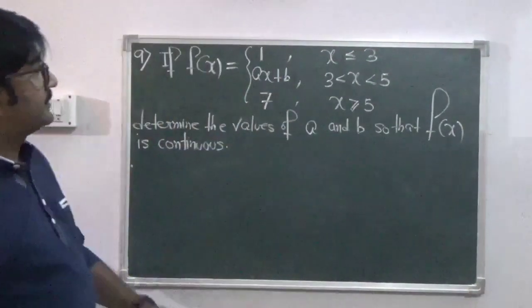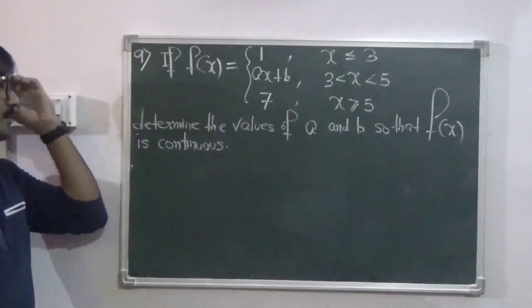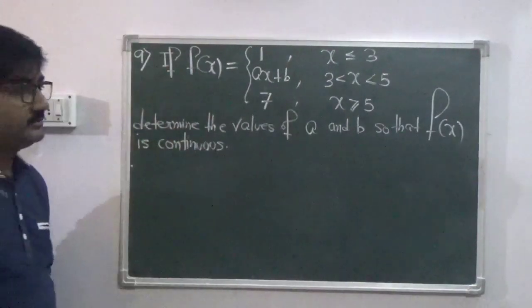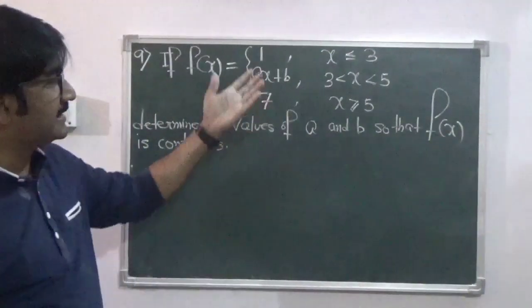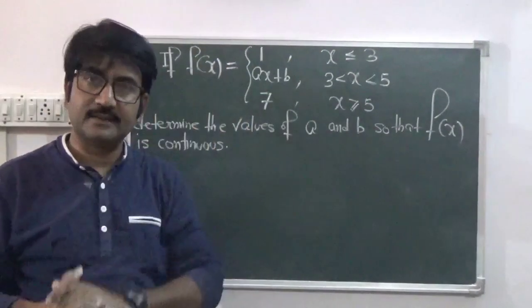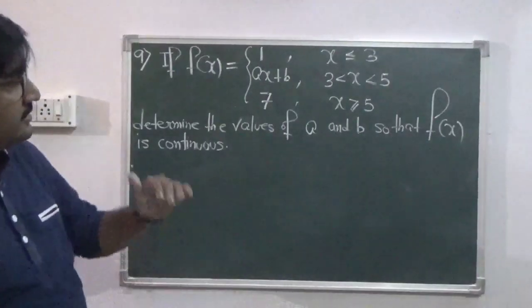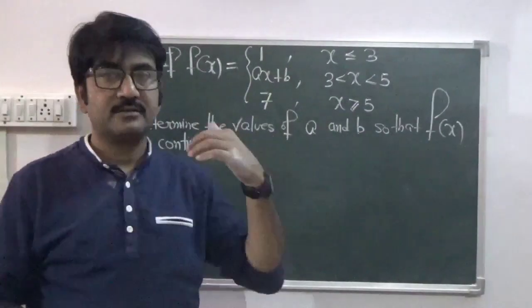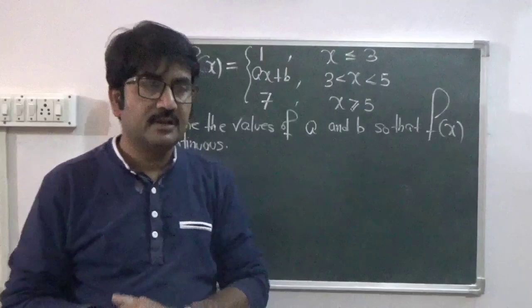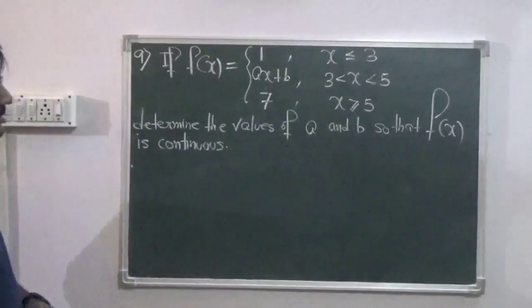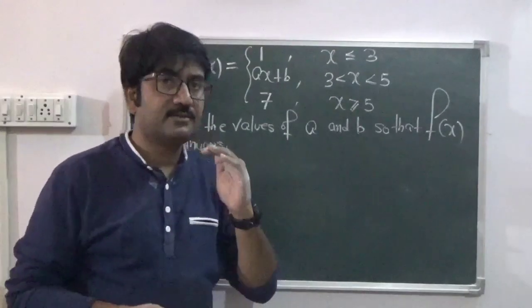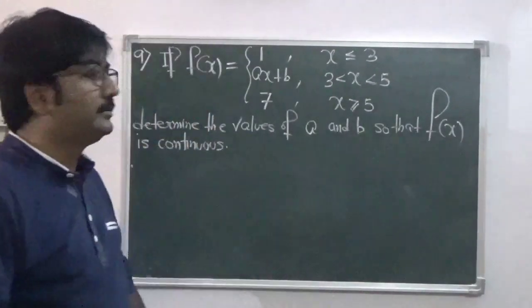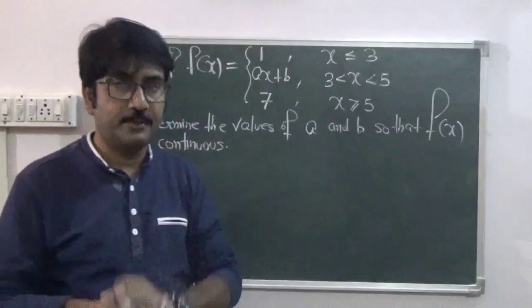Now if you look at this function carefully, the domain of the function is all the real numbers, so this function takes all real number values. In particular, to check the continuity, we will check the continuity at the breakpoints.